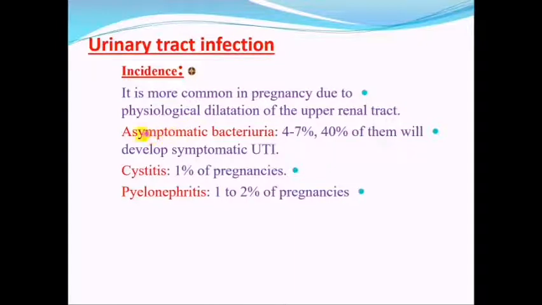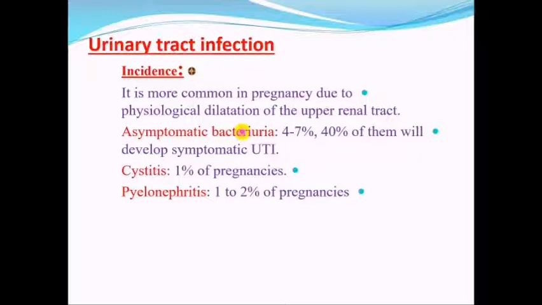One of these is what is called asymptomatic bacteriuria. From its name, it means that the patient has a significant bacteriuria but has no symptoms at all. Logically speaking, if she has no symptoms but only bacteriuria, then there is no need to manage or treat these patients.